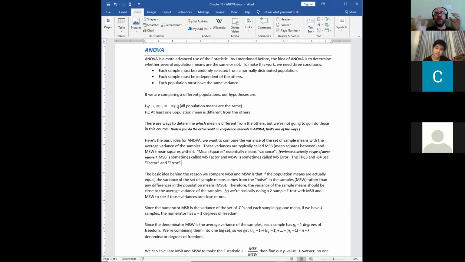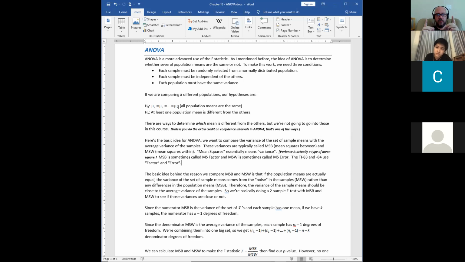Even if all the population means are the same, the sample means that we get are going to be a little bit different just because we get different samples. So the variation of the samples is about equal to how far apart the population means should be. So if the population means are a lot farther apart than the variance for the samples would indicate, that means the population means are probably different from each other.